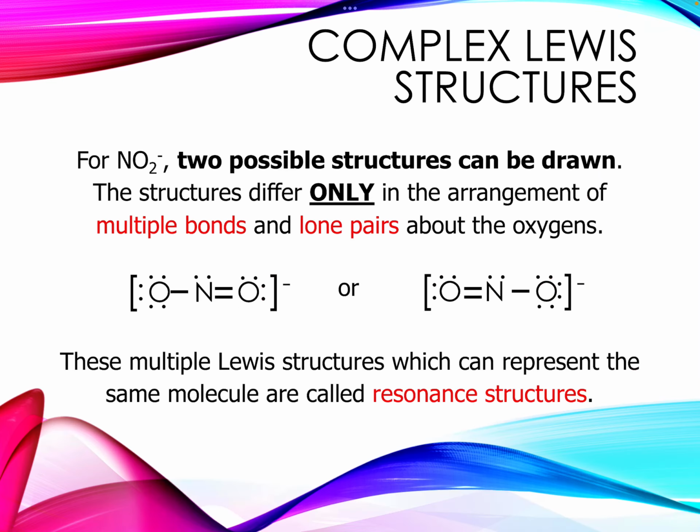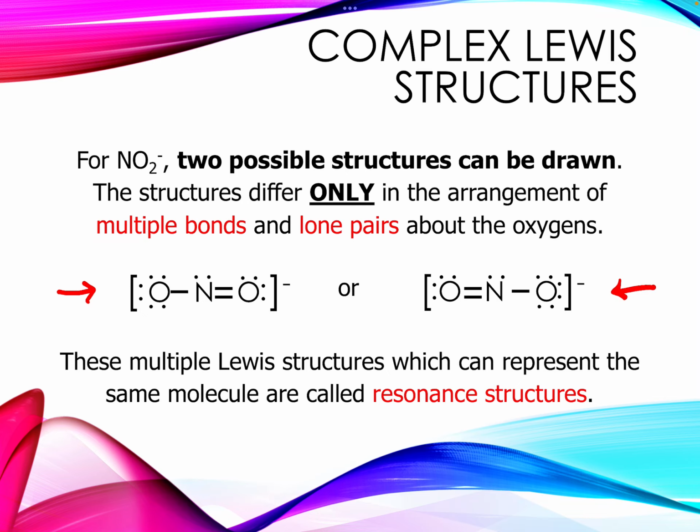So how do we know which one's correct? Well, the truth is they are both correct. In this first one, the oxygen on the right-hand side donated its valence electrons to form that double bond and give nitrogen the octet. But in this one on the left, our left oxygen donated its electrons to form the double bond to give nitrogen the octet. So in both of these scenarios, all of the atoms have an octet, but they are two different Lewis structures, right?